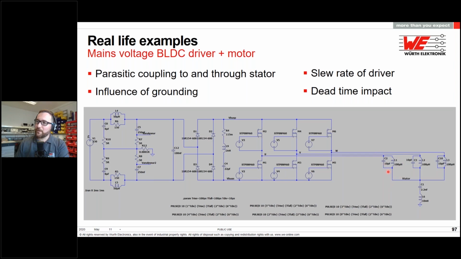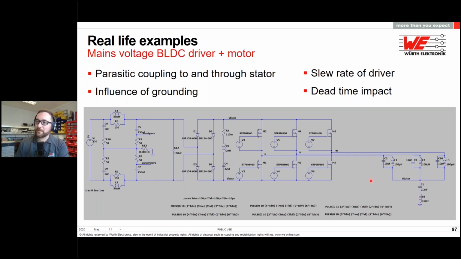The common mode is going most of the time from the I dV over dt voltages here and into the stator, using a parasitic coupling here, which is modeled as C10. Basically, it's the capacitance value that is building up between the wire and the stator, and that enables the very high frequency created by the rise time to go through the stator and here to create common mode interference.